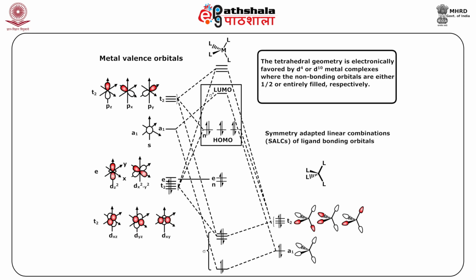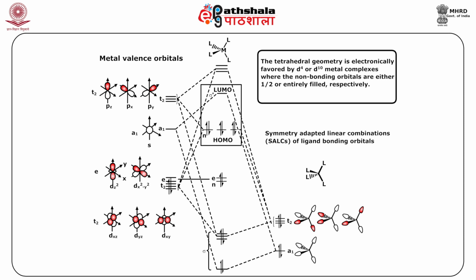The general form of the molecular orbital energy diagram for a tetrahedral metal coordination complex with sigma only type of bonding is shown in the molecular orbital diagram. It shows the bonding between the metal orbitals and the SALCs of ligands with proper symmetry. The Eg set of metal orbitals remains non-bonding since no ligand orbitals match their symmetry.